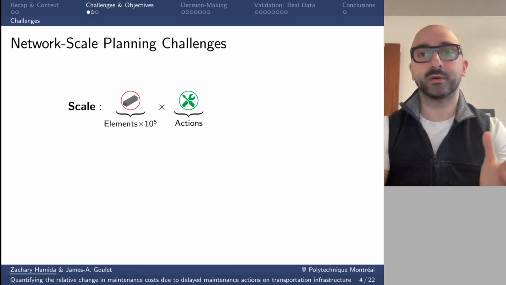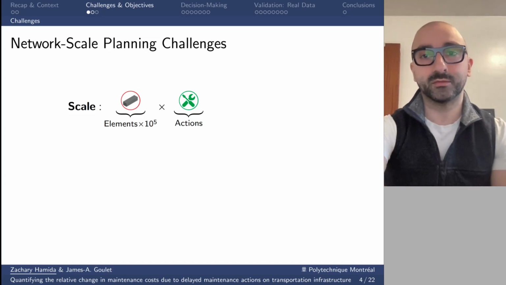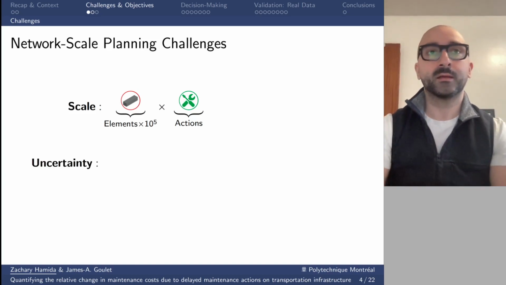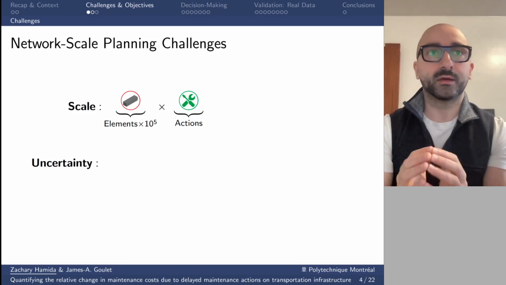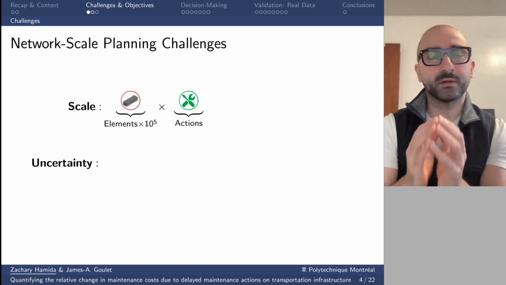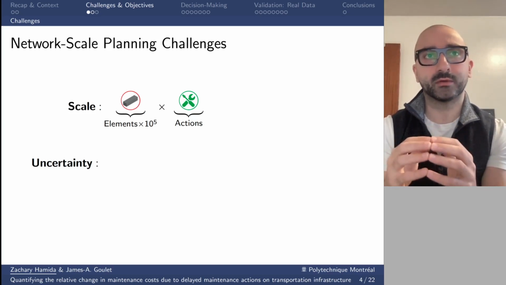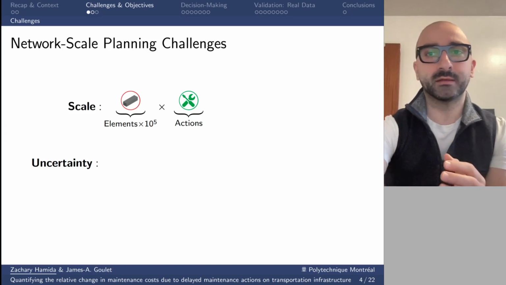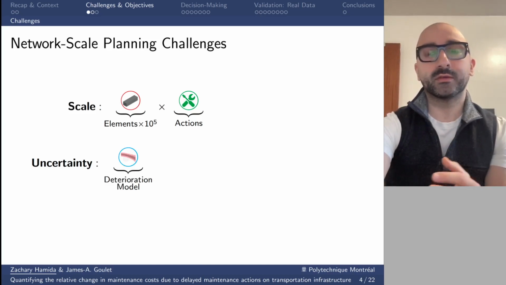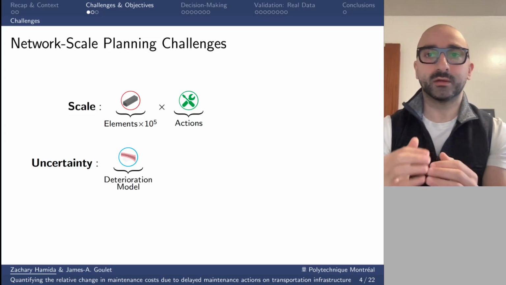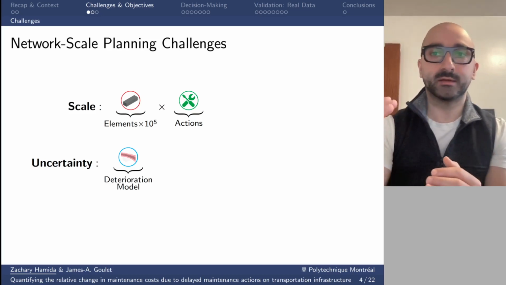So the scale of the problem is really significant. The other part is also uncertainty. In general, when we are talking about uncertainty, it's not necessarily the case that every time you do an intervention you would get the same effect.